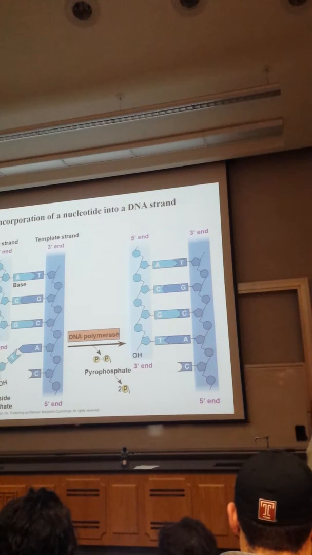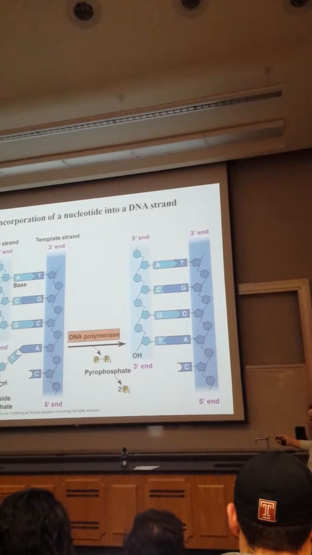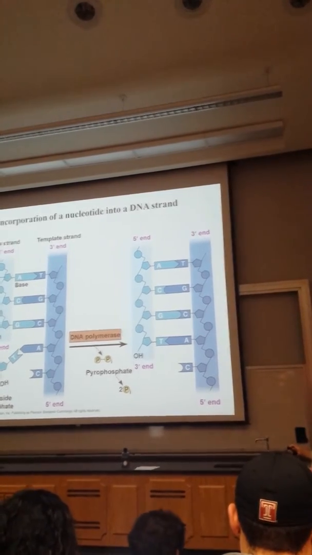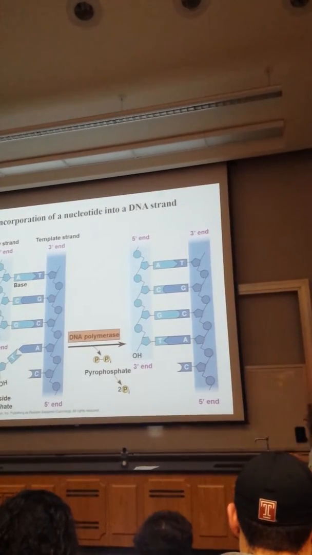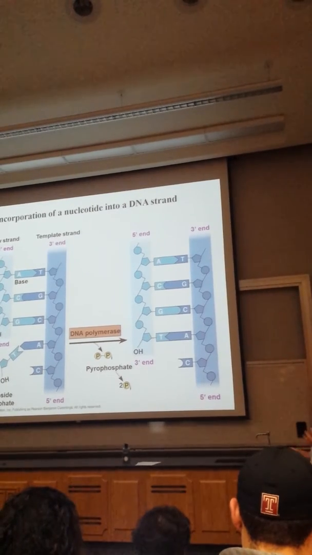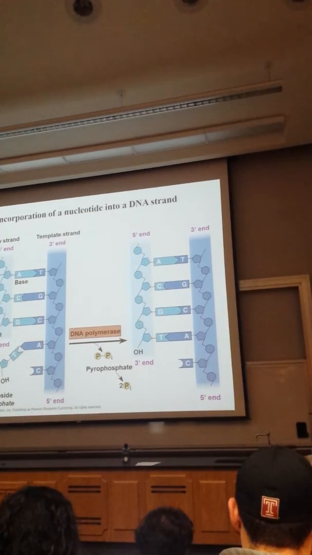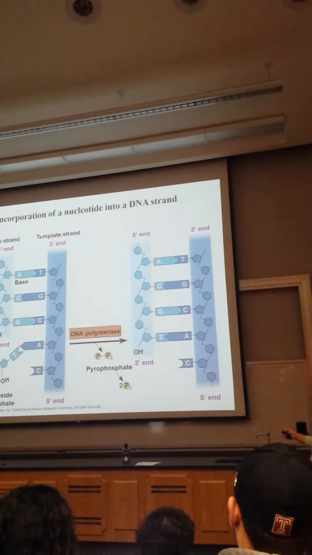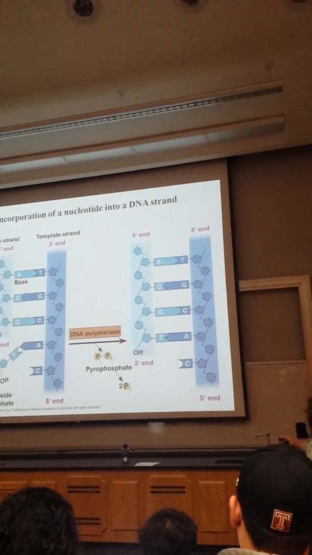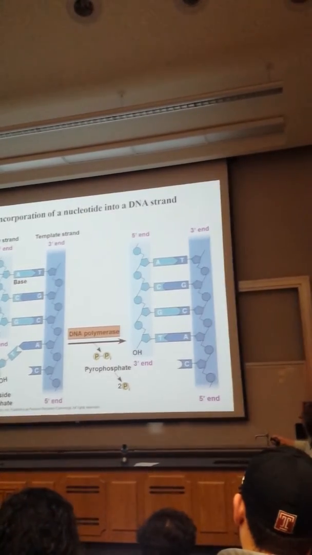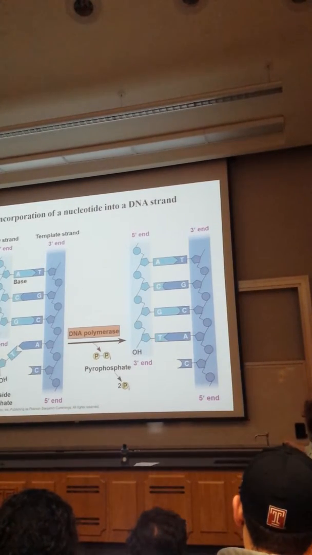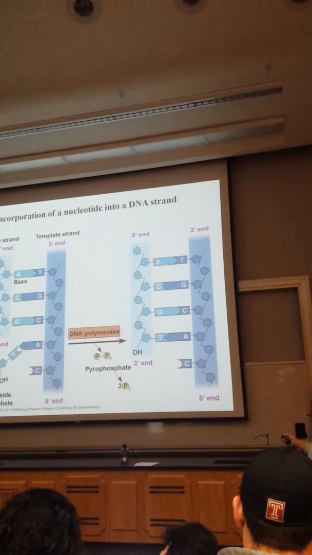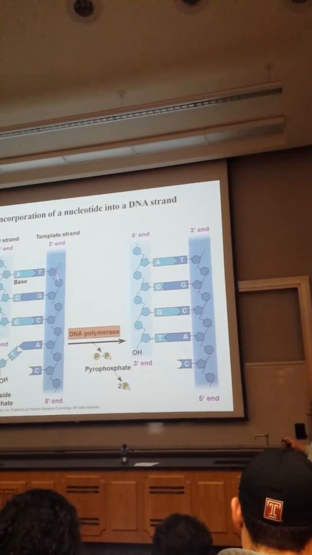Okay? And what I also want to stress is that DNA, as well as RNA, is generated 5' to 3'. It's generated 5' to 3', and the template strand, of course, is anti-parallel to that 5' to 3' synthesis by DNA polymerase. So the template strand is going to be in the 3' to 5' orientation.